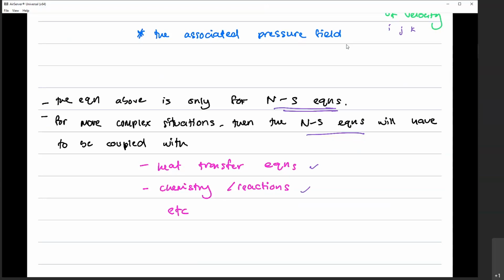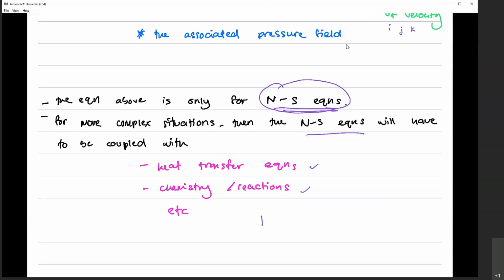Aside from that, if you want to simulate, for example, fire, we discussed this in the previous class. If you want to simulate the behavior of a fire, the Navier-Stokes equation alone is not enough. Fire can be simulated. Fire can be assumed as a type of fluid, but it cannot be simulated just by using the Navier-Stokes equation.